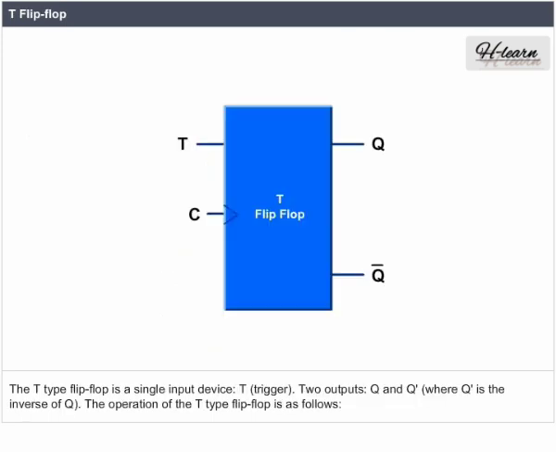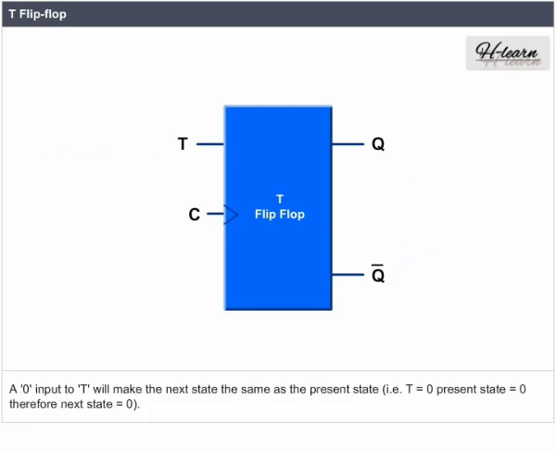T flip-flop. The T-type flip-flop is a single input device, T-trigger, two outputs, Q and Q dash, where Q dash is the inverse of Q. The operation of the T-type flip-flop is as follows. A zero input to T will make the next state the same as the present state.